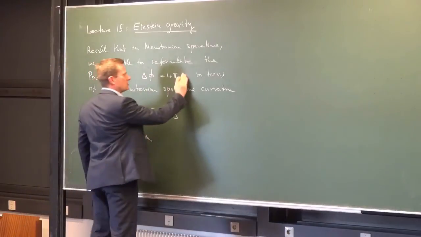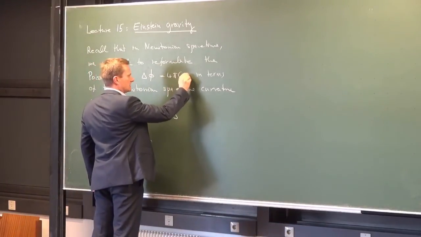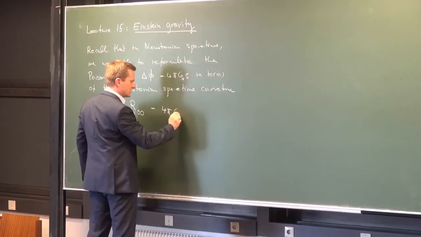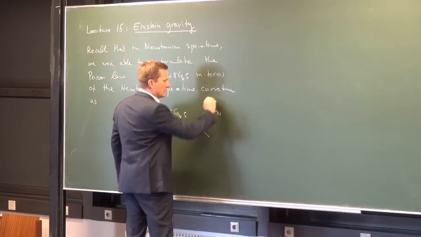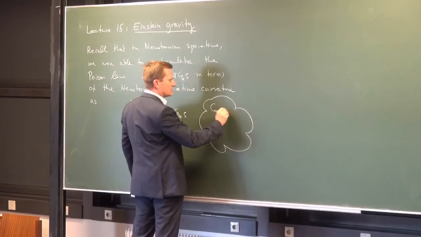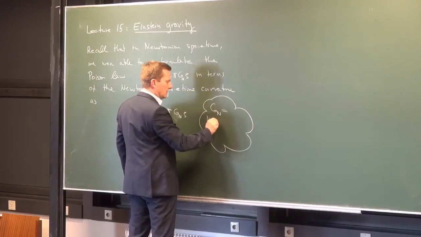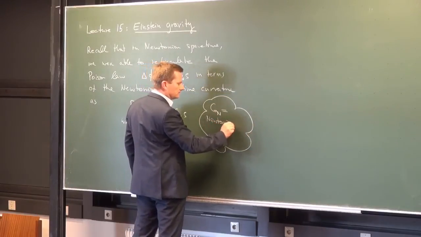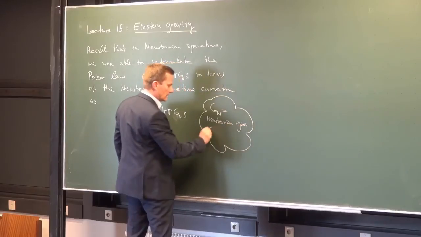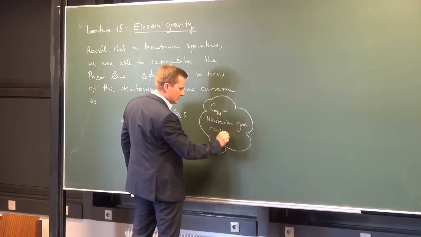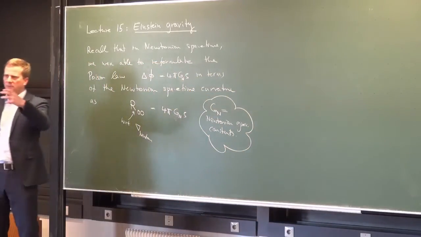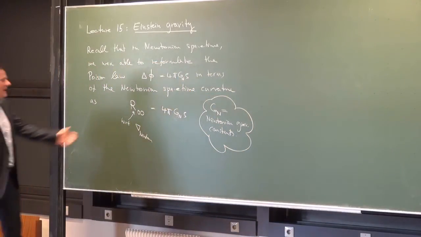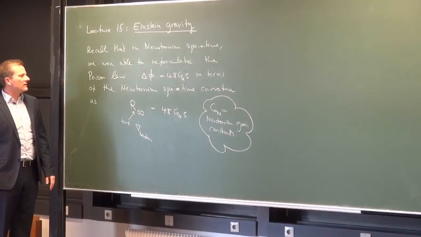Sorry, there's a G_N missing, G_N rho, and G_N in general here is the Newtonian gravitational constant. That's, for instance, the one you measure in this Cavendish experiment with the 2 big balls. Okay, so we're able to reformulate the Poisson equation like this.